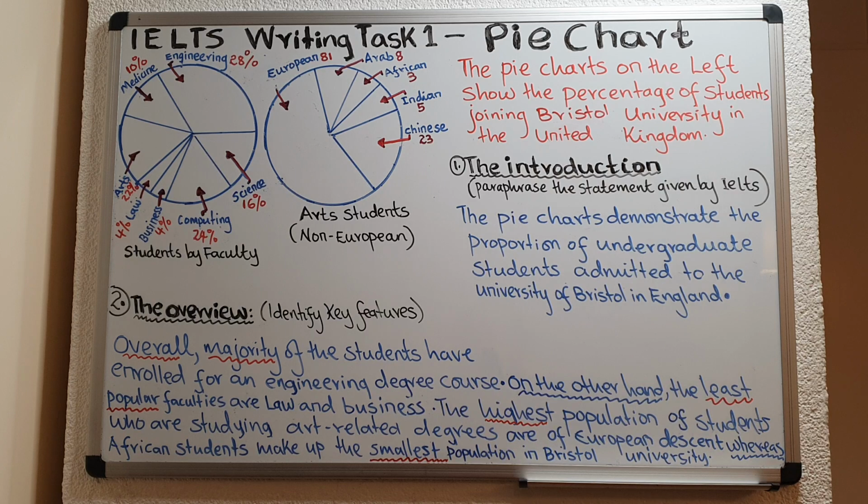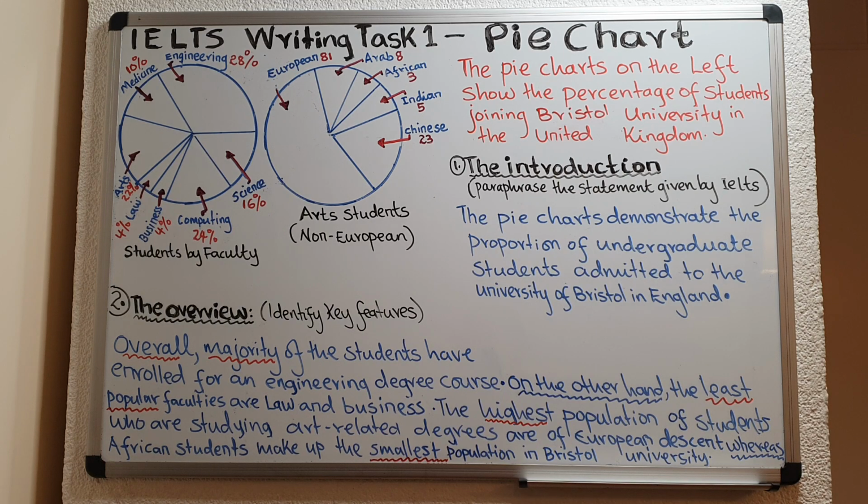Now, usually I encourage students, when it comes to the overview, look at each pie chart and look at the highest percentage. Who does the highest percentage belong to? The highest percentage belongs to engineering, okay? And then ask yourself, what is the lowest percentage when it comes to students by faculty?